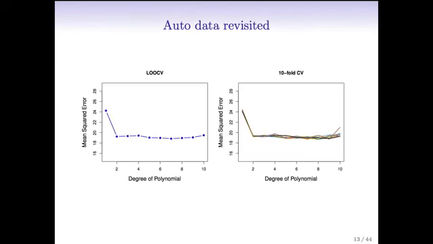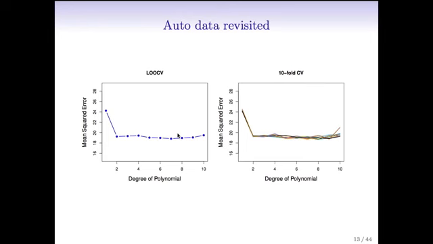On the next slide, we've got a comparison of leave one out cross-validation and tenfold CV for the auto data. Remember, before we saw with twofold validation, with just validation into two parts, we got a lot of variability when we changed the half sample that we took. Now let's see what happens with leave one out cross-validation. We get a curve that again has the minimum around the same place as we saw before, and then it's pretty flat after that.